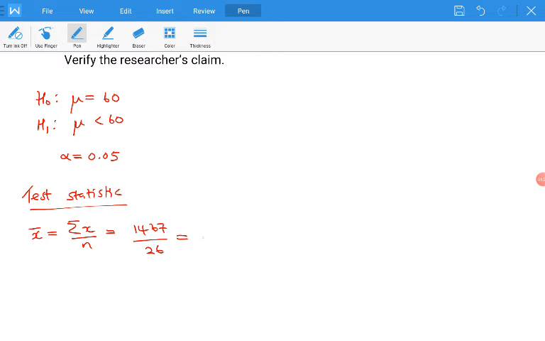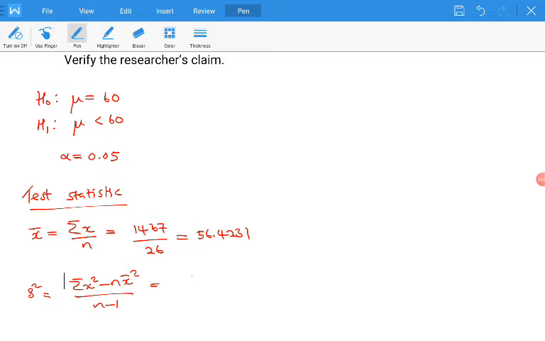This gives us a mean of 56.4231. And also, we find the variance, which is s squared. The formula is summation x squared minus n x bar squared, over n minus 1.